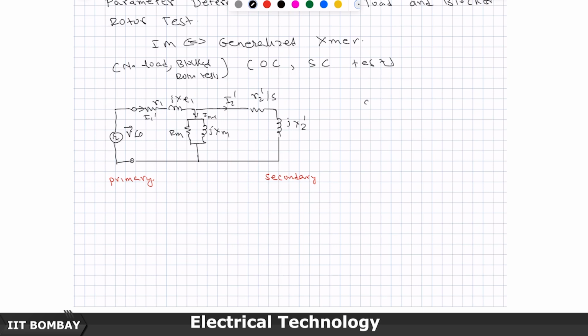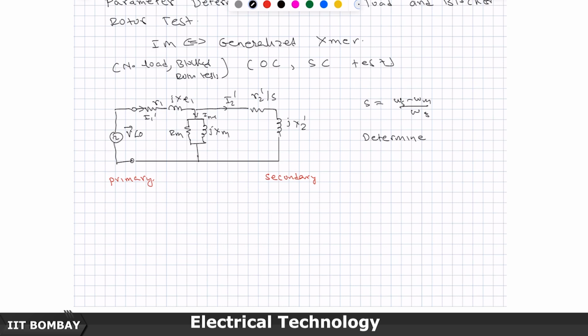What was S? S was slip, and slip depends upon what? Slip depends upon the speed of the rotor. So, it is obviously a variable, it depends upon the speed of the rotor. So, when I say I want to determine the parameters of an induction motor, what I mean is I want to determine not slip. Slip is something we measure when we operate the machine.